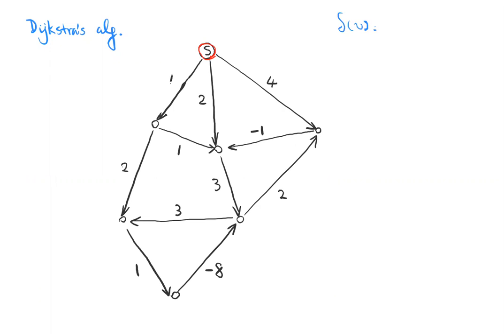So that's said to be the distance upper bound. Now at each step, we always choose a vertex of minimum delta. Then we'll enlarge the set of vertices that have been visited and grow a tree out of S.